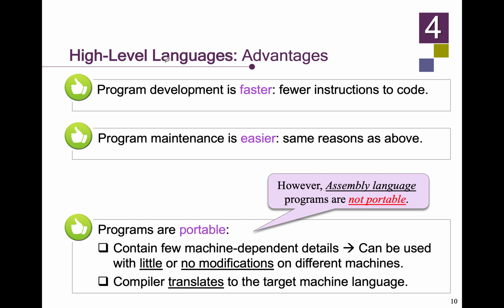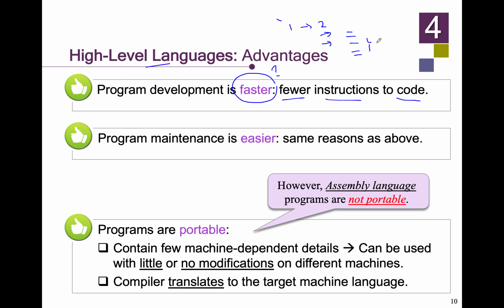Next, you can see the advantages of your high-level language. What are the advantages? First of all, high-level language development is faster. Why? It is faster because it has fewer instructions to code. If you have a source code, maybe you occupy only a line, 2 lines, 3 lines.